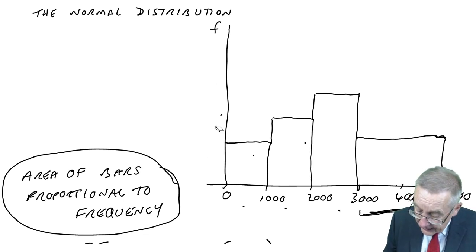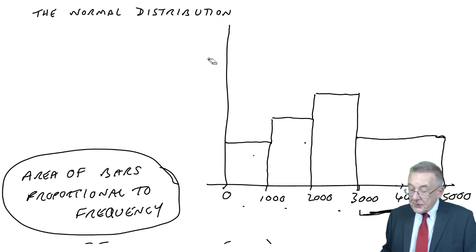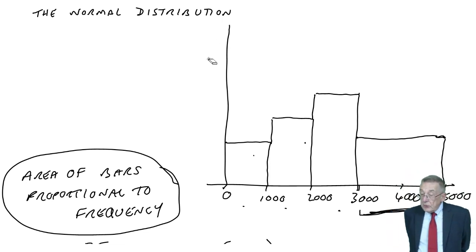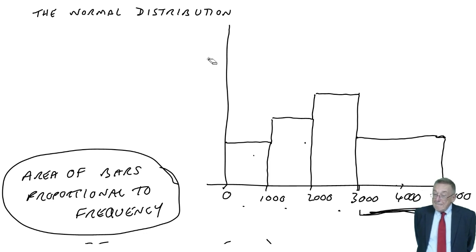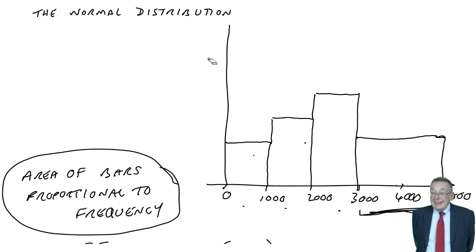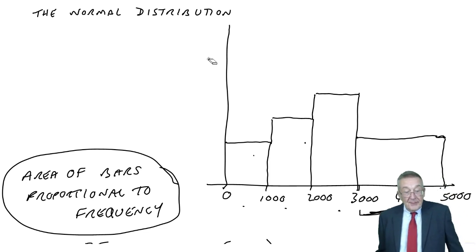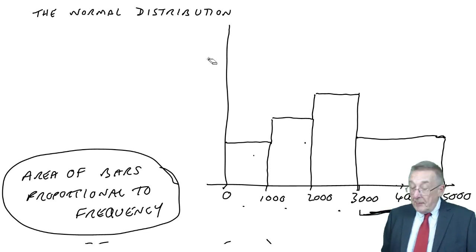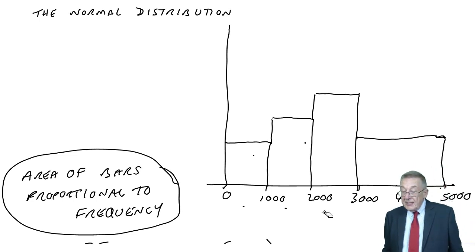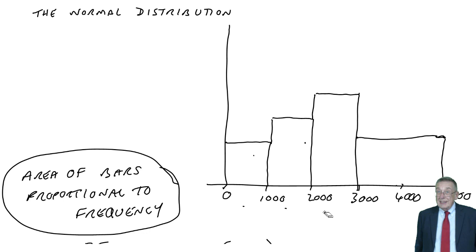And I didn't give you that scale. Suppose all I gave you was that. I told you it's been drawn properly. You've got the bottom scale 0 to 5,000. And I asked you again, what's the probability, or what proportion, of workers earn between 1,000 and 2,000?